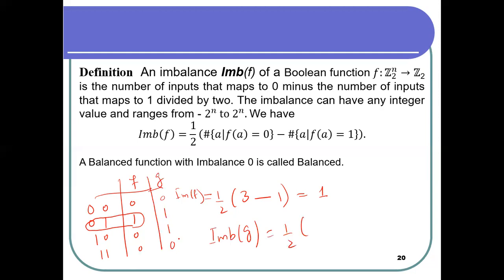Since this function is balanced, the number of zeros is 2 minus 2, so it gives 0. So for a balanced function, the imbalance is always 0.